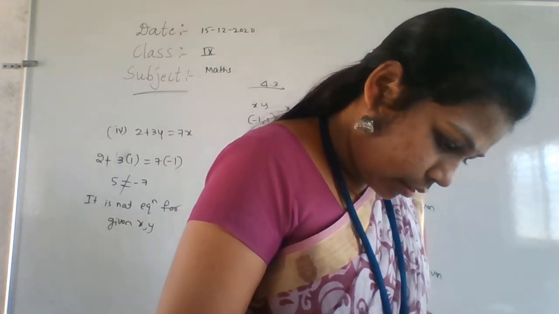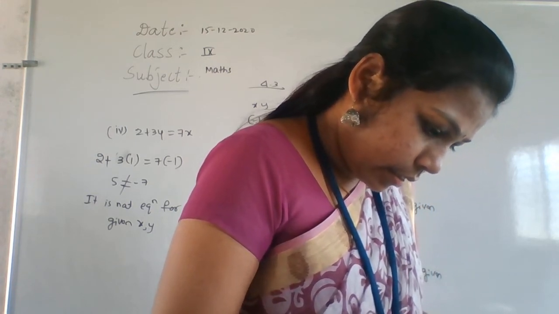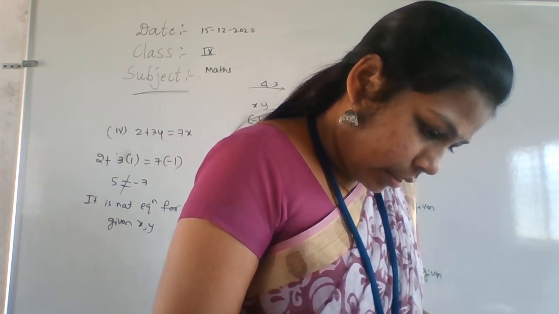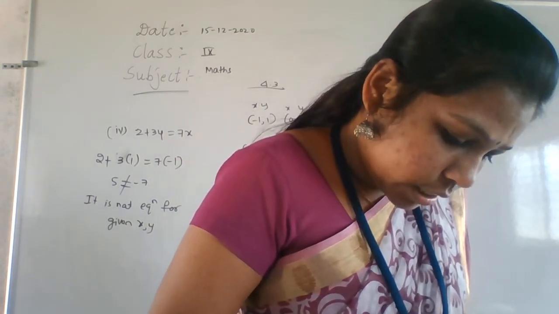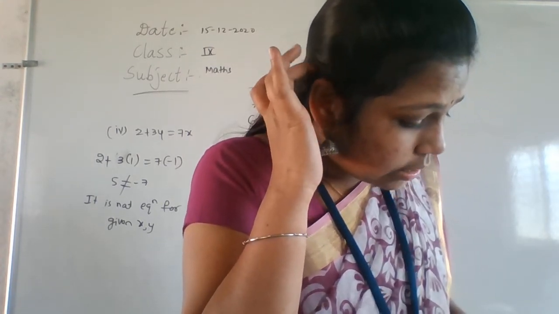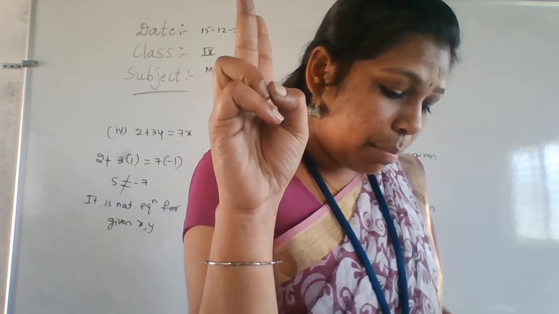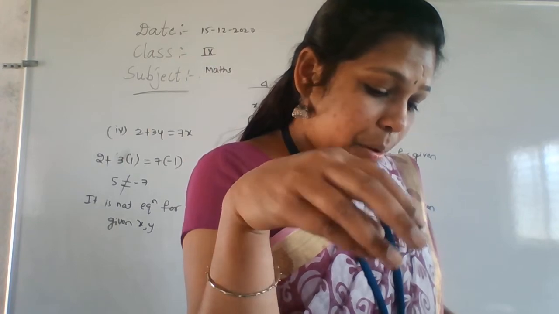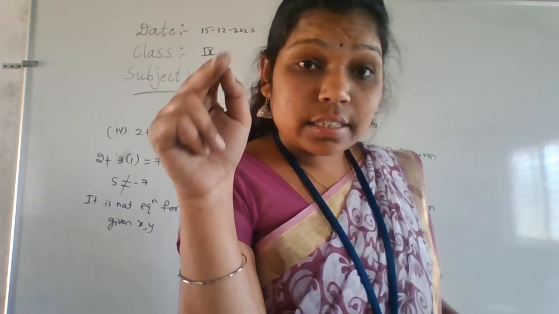If work done by a body on an application of a constant force is directly proportional to the distance travelled by the body, express this in the form of an equation in two variables and draw the graph of the same by taking a constant force as 5 units, and also read from the graph the work done when the distance travelled by the body is 2 units as well as 0 units.